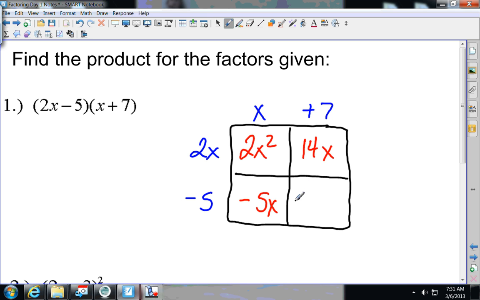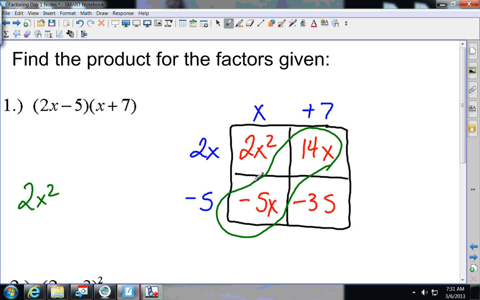Negative 5 times 7, negative 35. To find my product, remember I've got 2x squared. I don't have any other x squareds. Add your x's together right here. 14 minus 5, 9x, and then minus 35.